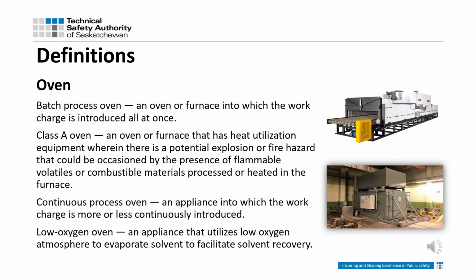Continuous process oven, an appliance into which the work charge is more or less continuously introduced. Low oxygen oven, an appliance that utilizes low oxygen atmosphere to evaporate solvent to facilitate solvent recovery.